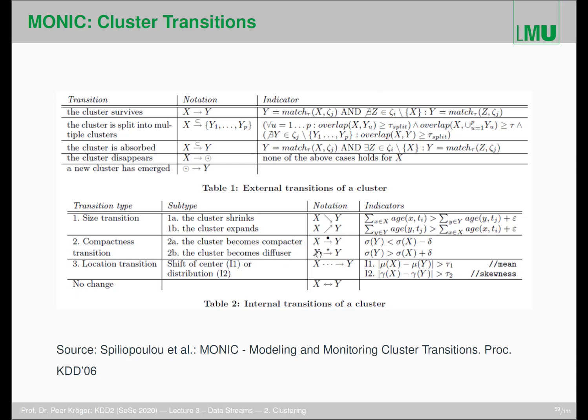All this is formalized in this paper here. As I said before, the authors also propose a notation and formalize it with these indicators. And this is a pioneering approach, and people still use it a lot to describe cluster transitions or pattern transitions, concept drift in clusters.